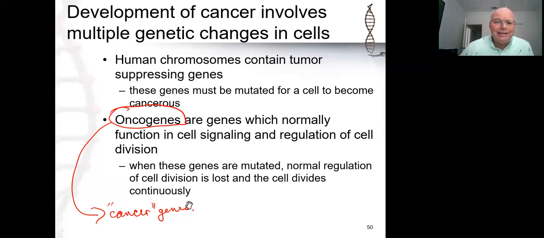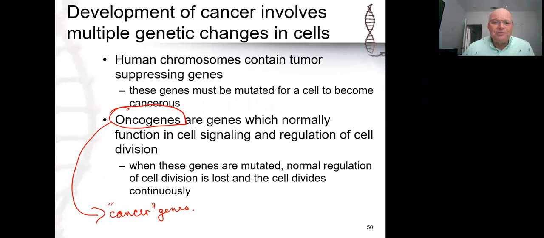But not surprisingly, if those genes should get mutated so that they send the wrong signal, which is what we're talking about here, then they are going to contribute to the cells changing from normal cells to pre-tumor cells to tumor cells to cancer cells. And that's basically the pathway that cells follow.